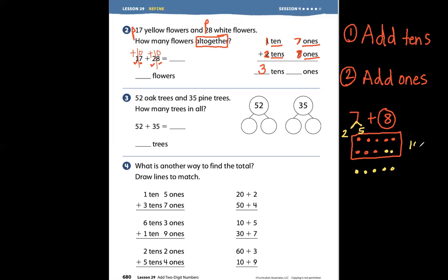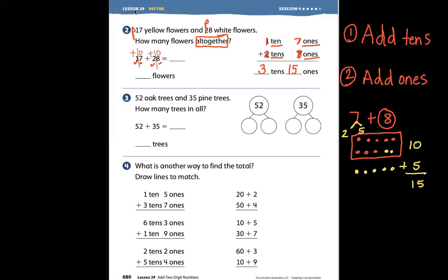So now I have 1 ten and 5 ones, 15 ones. So I can see that I have 3 tens and 15 ones.